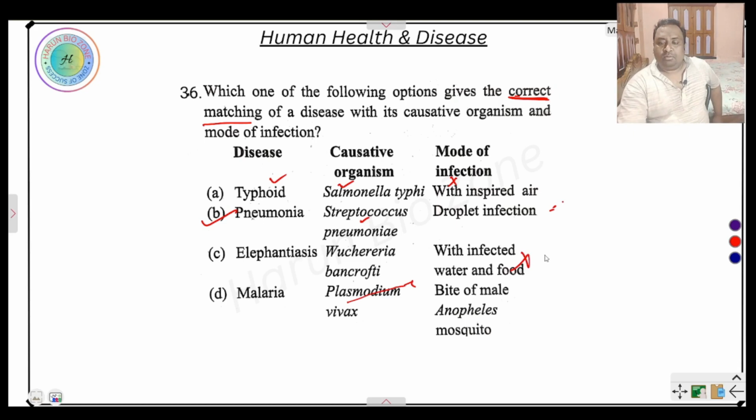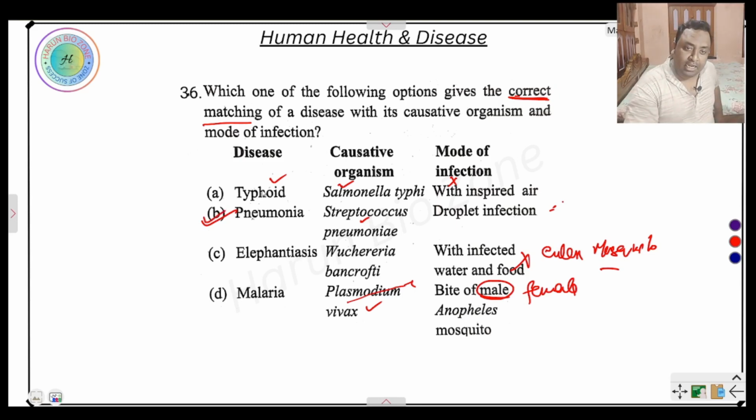They are from Culex mosquito. Malaria, Plasmodium vivax, bite of Anopheles, bite of female, not male. The correct option is pneumonia, droplet infection.